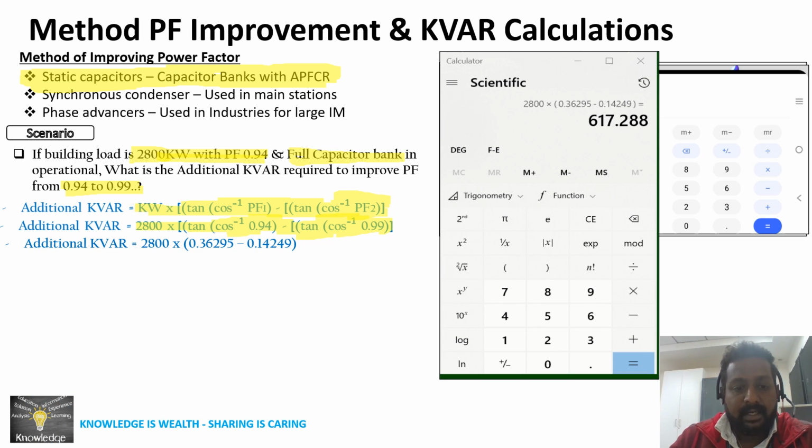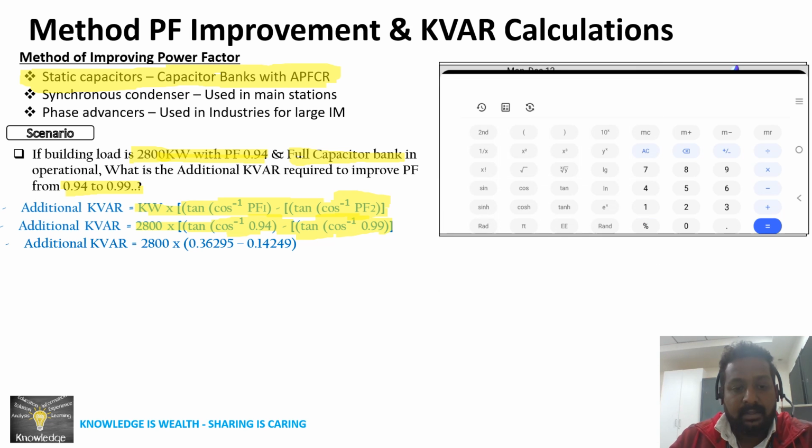So 2800 into 0.3629 minus 0.14249 is equal to 617 kVAR. So an additional 617 kVAR capacity of capacitor bank is needed to add to the building to improve the power factor from 0.94 to 0.99.